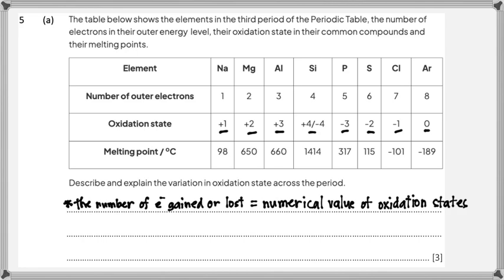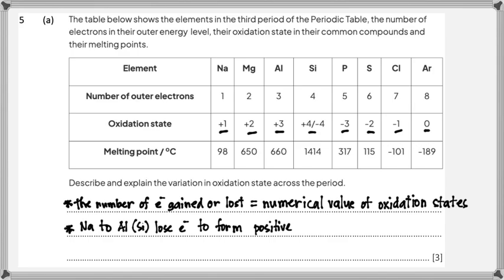Now another description that we can have here is that if you take a look, sodium to silicon are all plus, meaning sodium to aluminum. You can write it down, sodium to aluminum. Again, we're describing, or silicon, because it loses electrons to form positive ions.